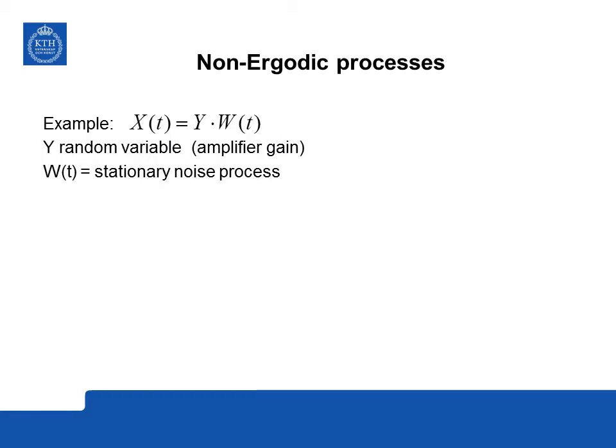To stay clear of some of the pitfalls regarding non-ergodic processes, let's give you an example of a non-ergodic process. Let's look at this example where we have a stationary noise process W of t that we feed into an amplifier with a random gain y. So the output x of t is the output signal from this amplifier.